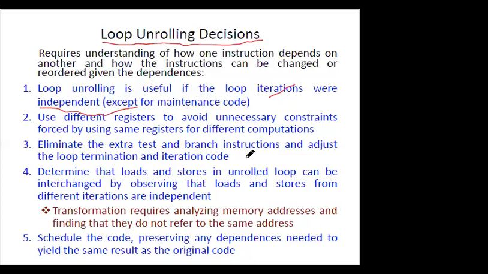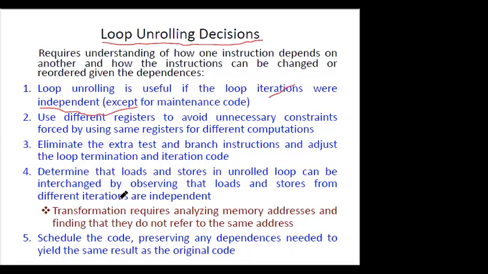Then determine that loads and stores in the unrolled loop can be interchanged by observing that the loads and stores from different iterations are independent. This transformation requires analyzing memory addresses and finding that they do not refer to the same address. So in order to avoid them referring to the same address, we assign different register sets, and hence this involves the use of different register sets.